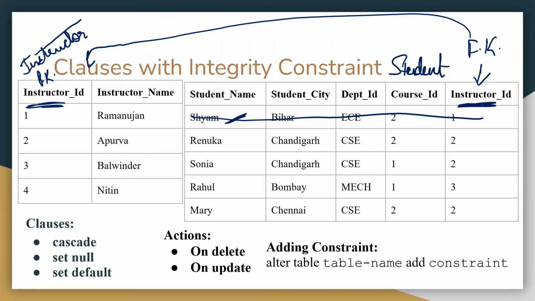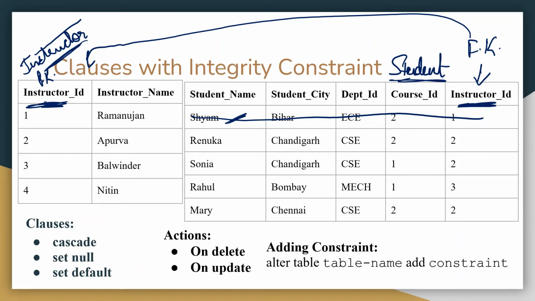No. Why is the answer no? Because our instructor table is independent of any action being performed in the student table, right? Because the instructor table does not have any foreign key which is referencing any other table. It only has a primary key and another attribute which is instructor name.